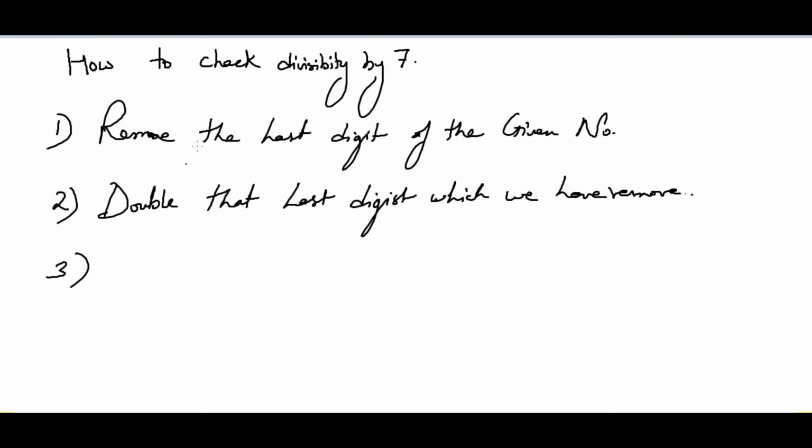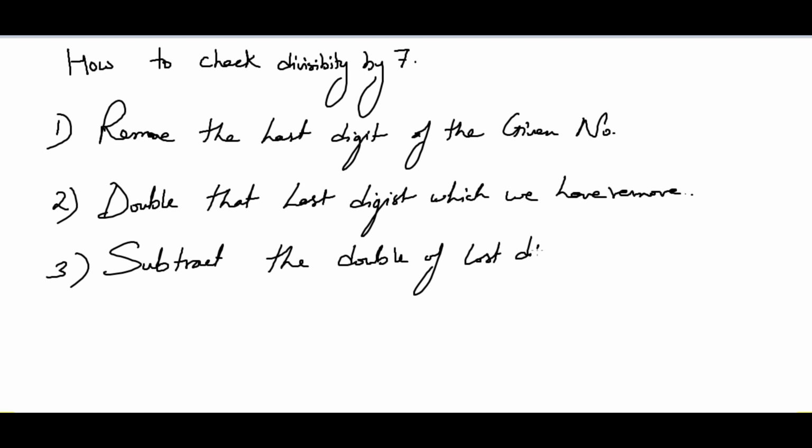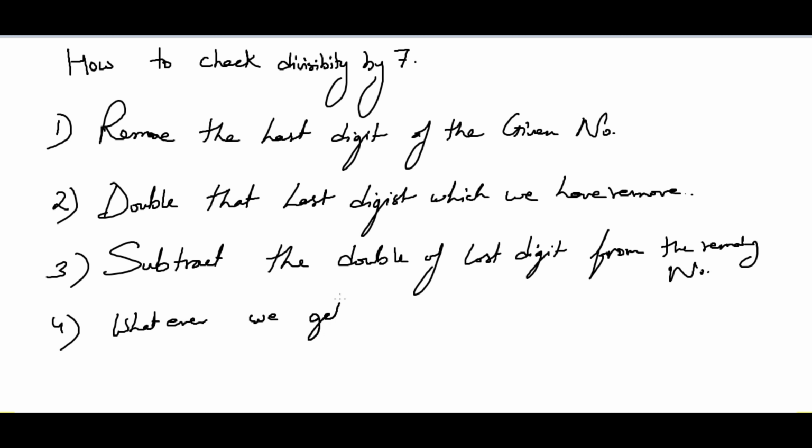The third thing is you have to subtract the double of the last digit from the remaining number, and check its divisibility, and whatever we get, we have to check its divisibility.